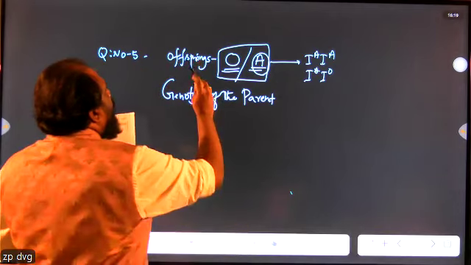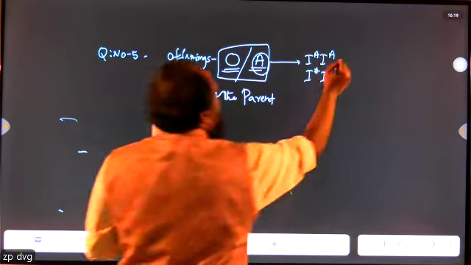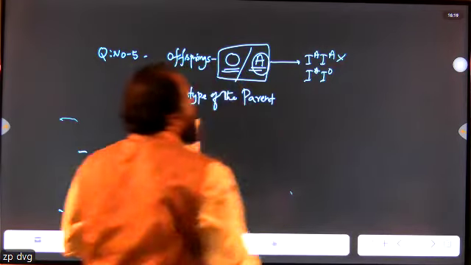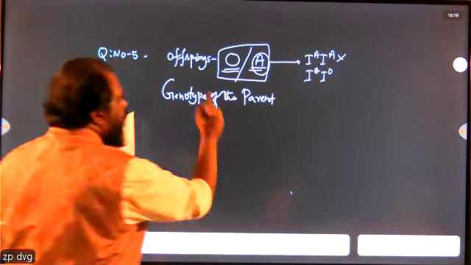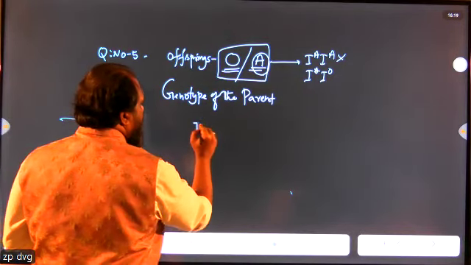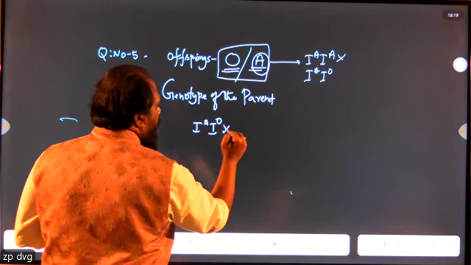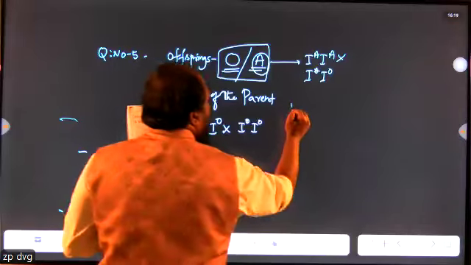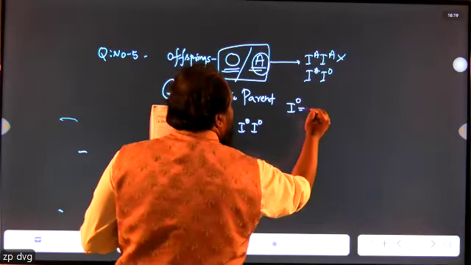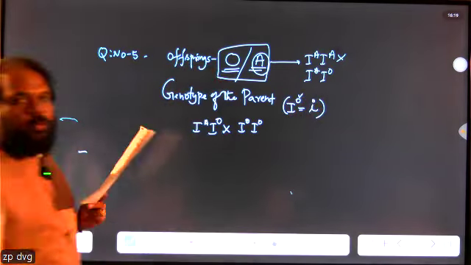Now, the offspring are having O blood group. Therefore, this combination is not possible, or I can say this genotype may not be possible. So the genotypes of the parents are supposed to be IA IO and IO IO. Remember, IO is a recessive character. You can represent it by small i also. For our convenience, we are writing it as IO to understand.